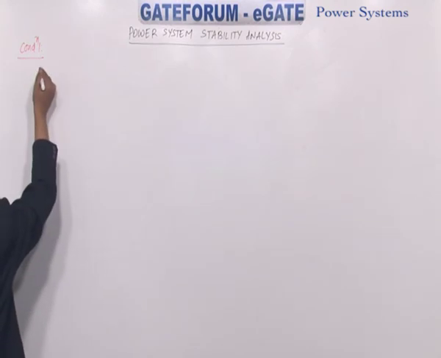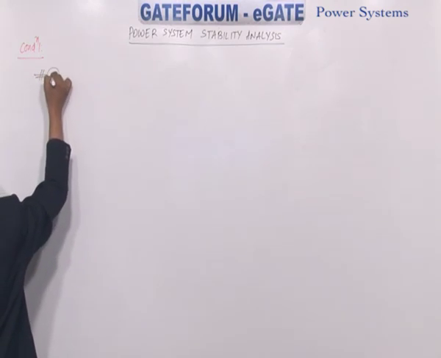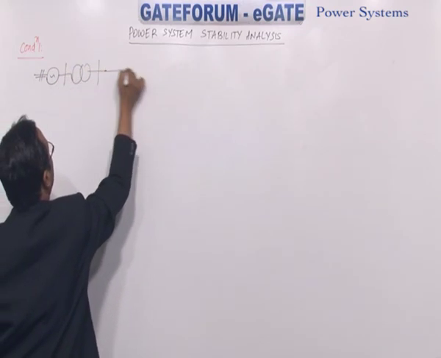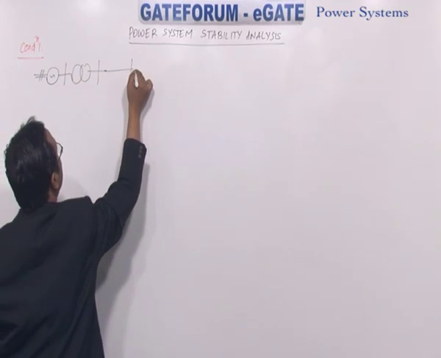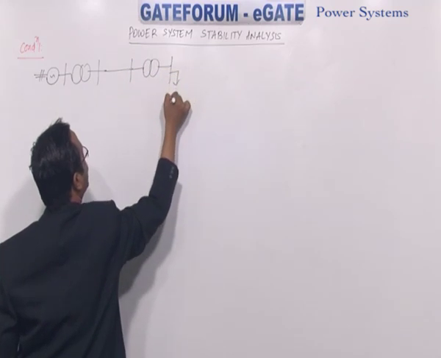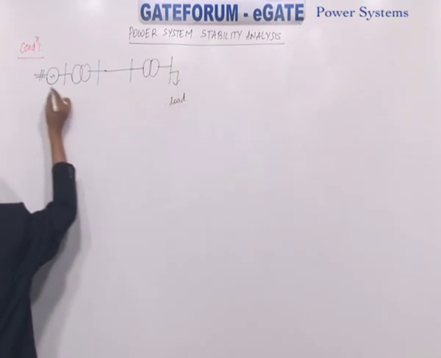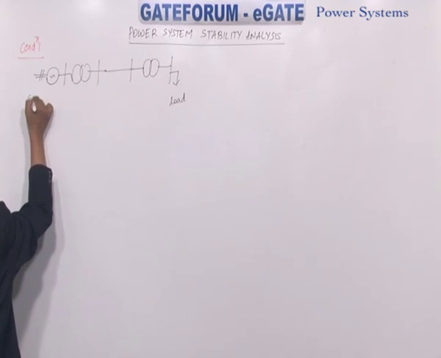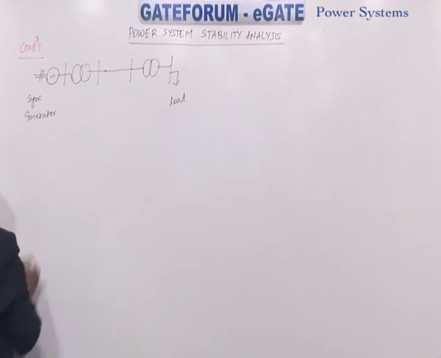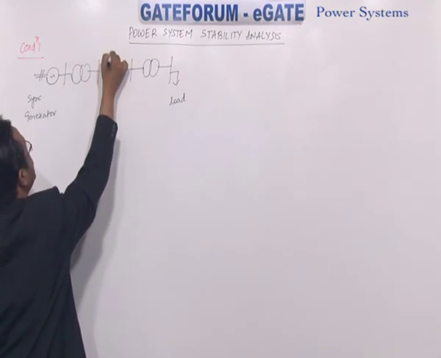In condition 1, you consider an alternator, step-up transformer, transmission line, further a step-down transformer, and further you connect some load. Which type of machine are we having? Synchronous generator. And here we are having a transmission line.